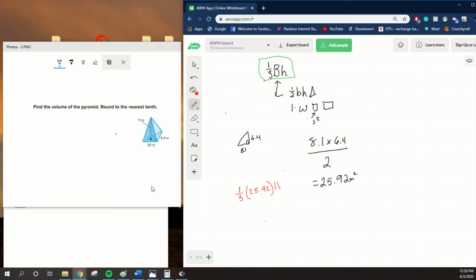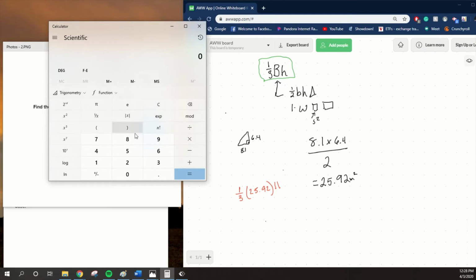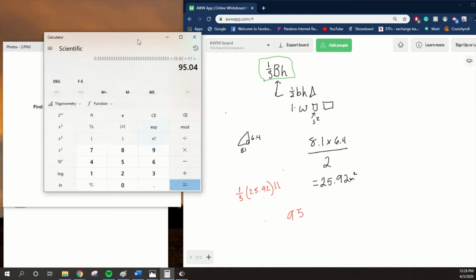So when we multiply that out, you could divide by 3 at the end or just do 0.3 repeating. So 1 divided by 3 is 0.3 repeating, times 25.92. Thanks to the commutative property of multiplication, we can multiply these in any order we want, but either way you should get 95.